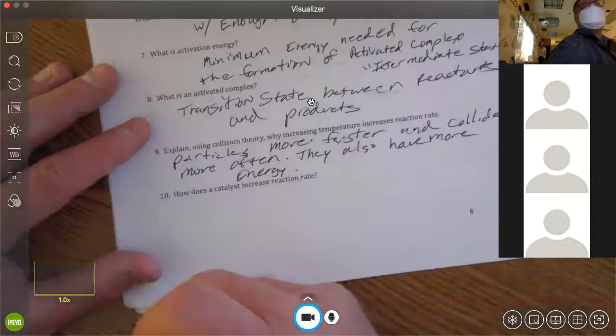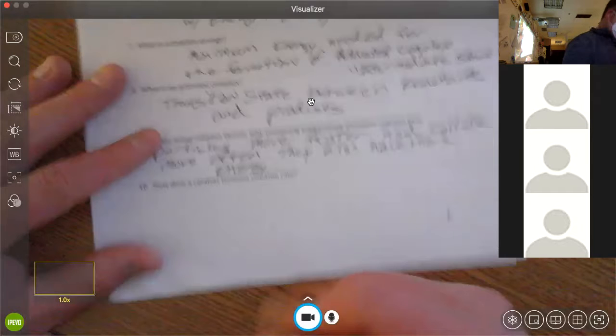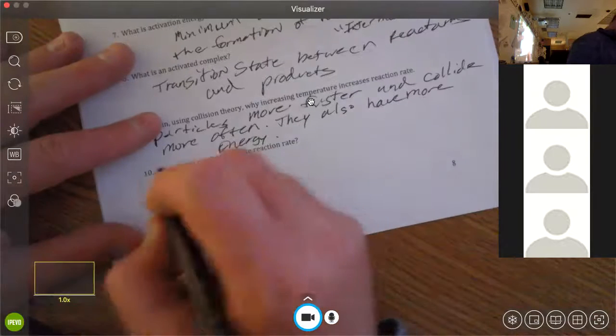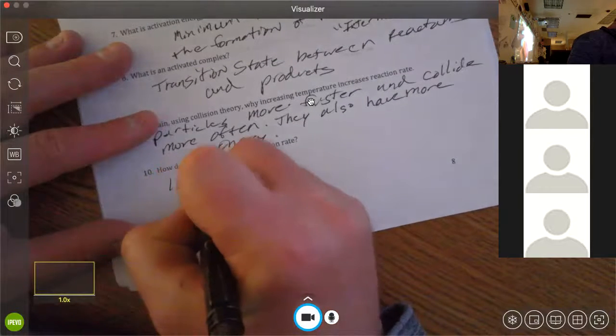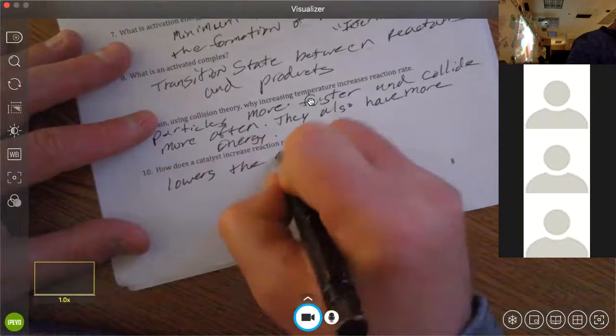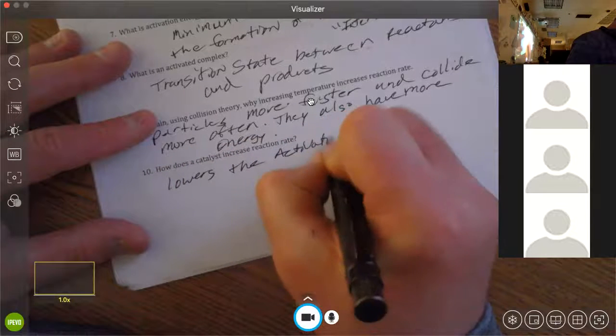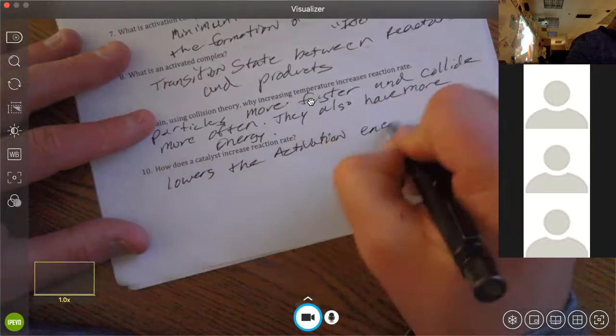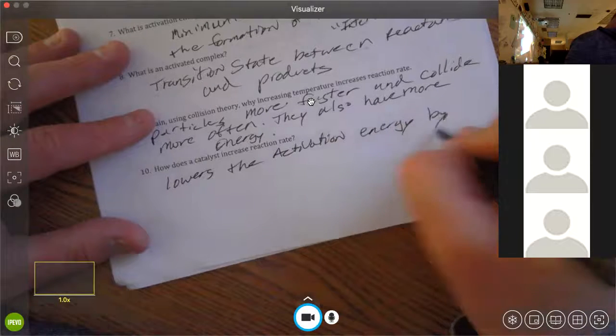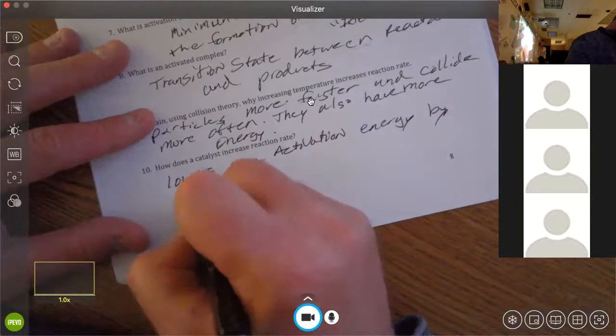Therefore, they most likely have the activation energy. How does the catalyst increase the reaction rate? It lowers the activation energy by creating an alternative pathway.